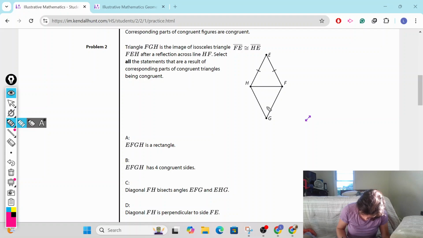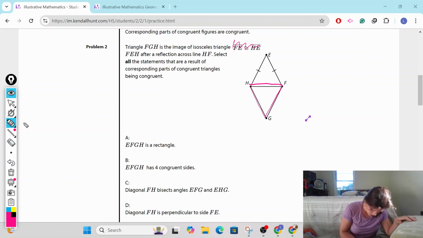So we have FGH, which is the image of isosceles triangle FEH after a reflection over line HF. So we have FEH right here. We got reflected across HF. This right here, although it seems kind of out of place, it says FE is congruent to EH.